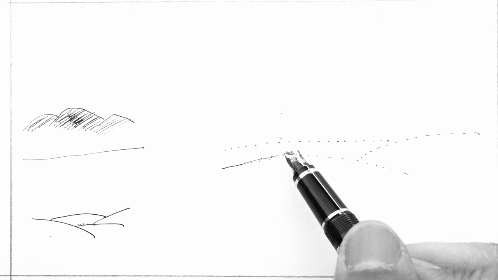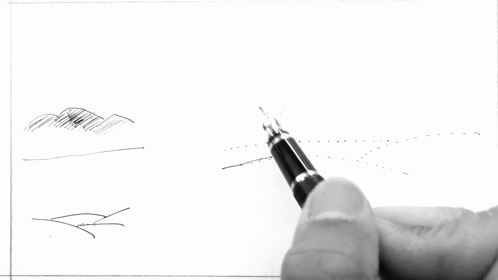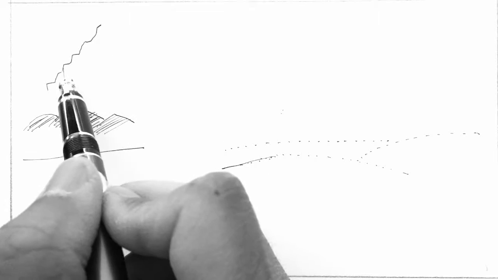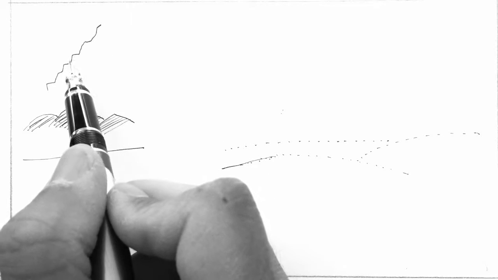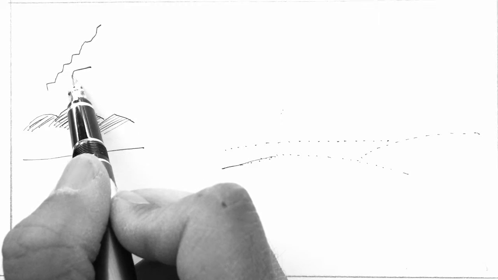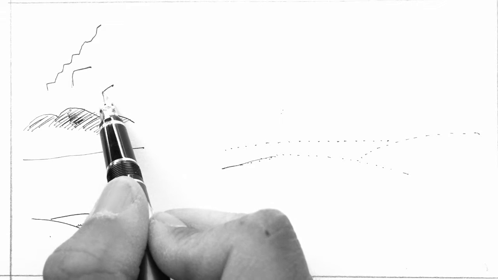To draw a mountain that has more planes, what you need to do is give a jaggedness to its edges by doing something like this, like a staircase. This is the kind of edge you use. When you have a line that changes direction, that defines a change of plane.